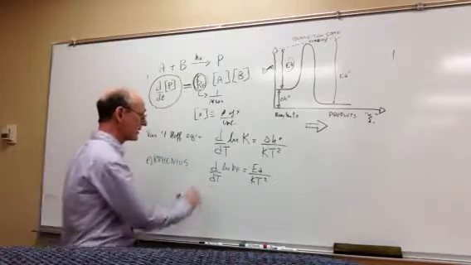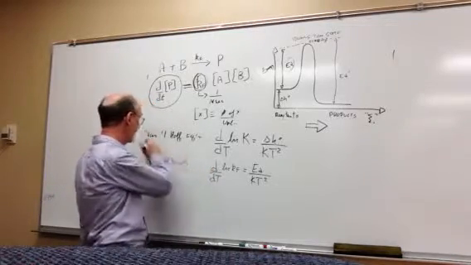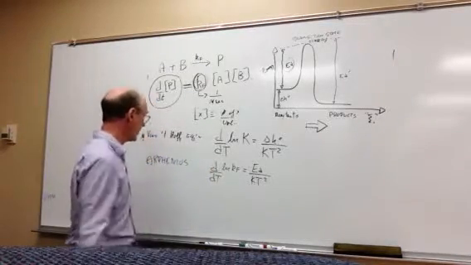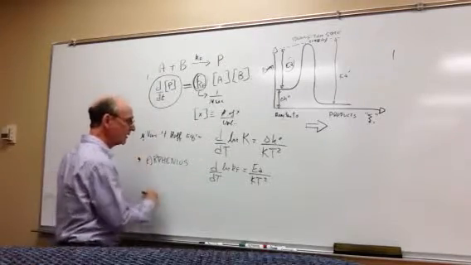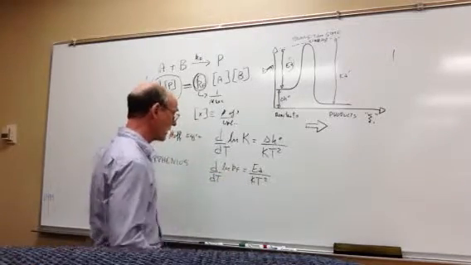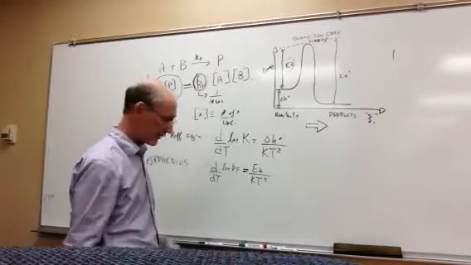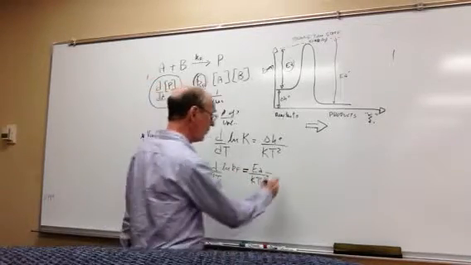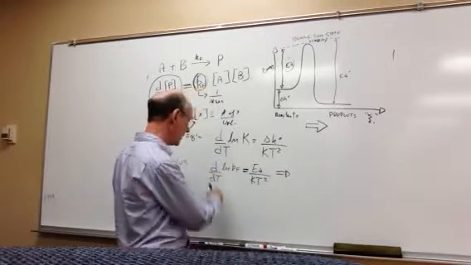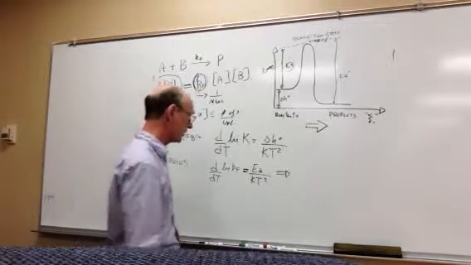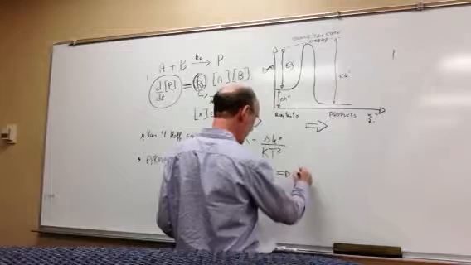Based on this assumption, based on the Van 't Hoff equation, Arrhenius derived an equation for the forward rate of the reaction, which you can integrate with respect to temperature. It's pretty simple, so I won't do the details.